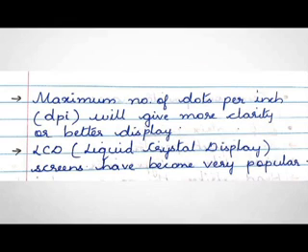The maximum number of dots per inch, that is DPI, will give you more clarity or better display. The monitors with LCD, that is liquid crystal display screens, have become very popular nowadays because of the clarity of the images and slim shape of the monitor.